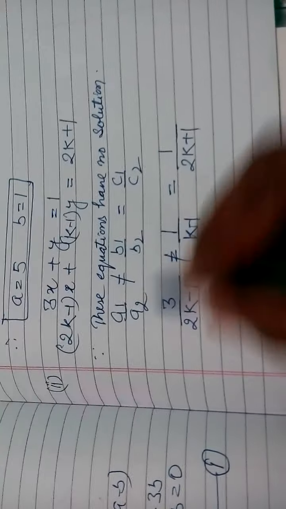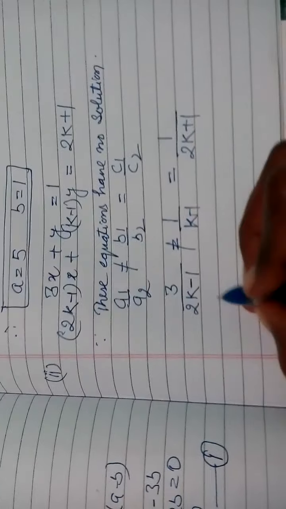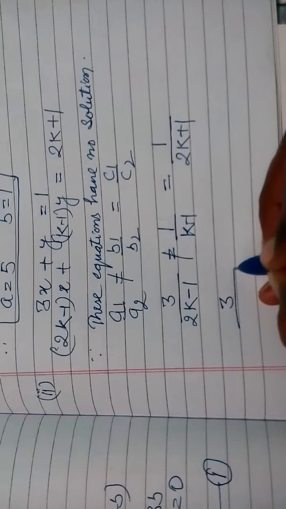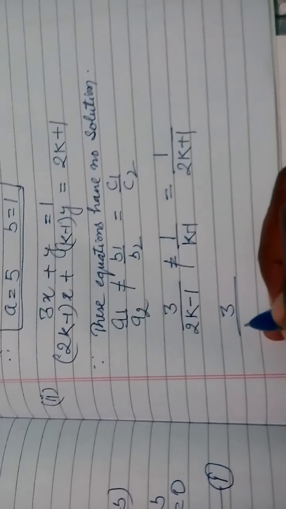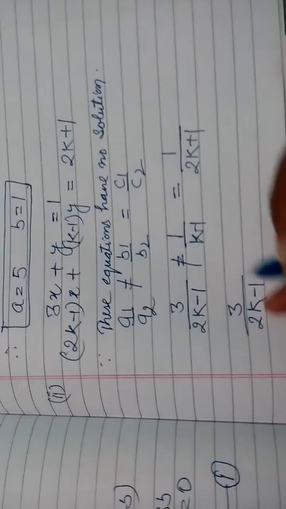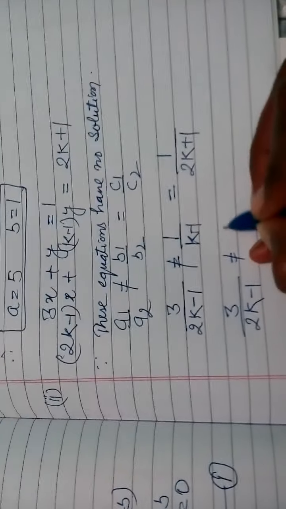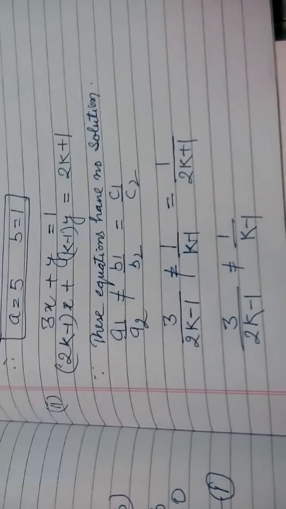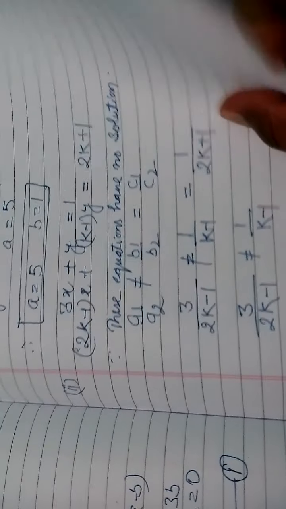Now solve these. First take these two ratios: 3 upon 2k minus 1 is not equal to 1 upon k minus 1.